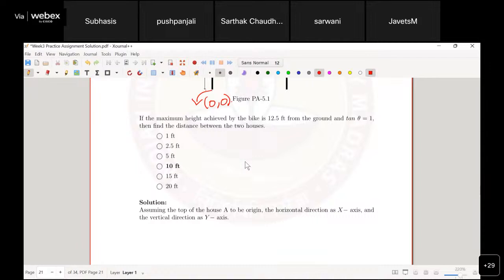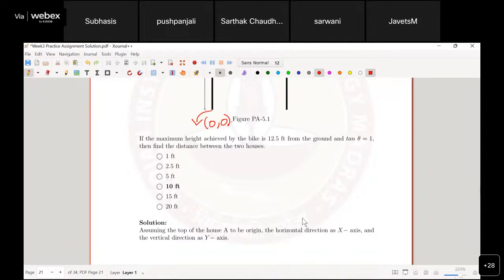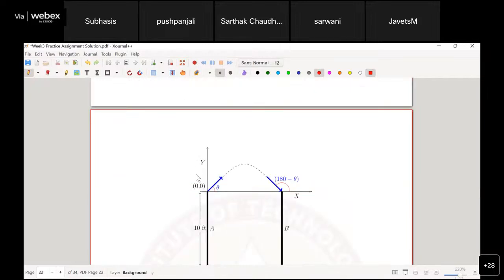Yeah. So assuming that top of the house A to be origin and the horizontal direction as x axis, and the vertical direction as y axis. That means they are taking this point to be 0, 0.